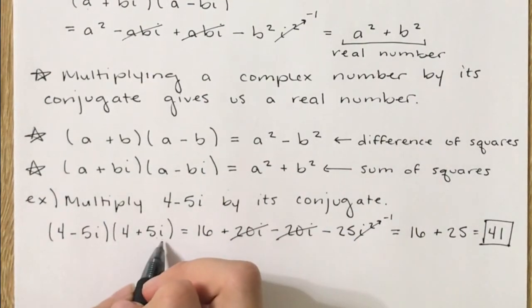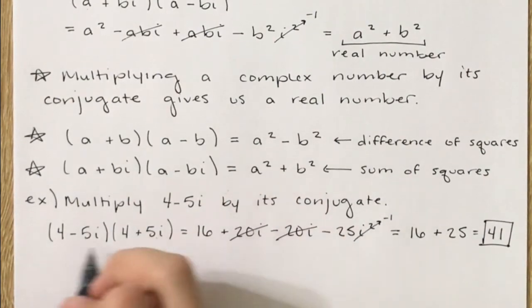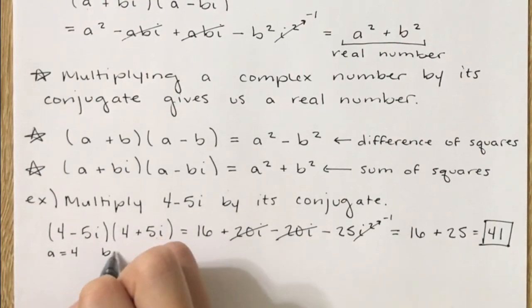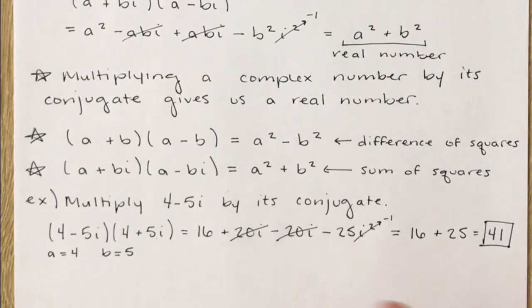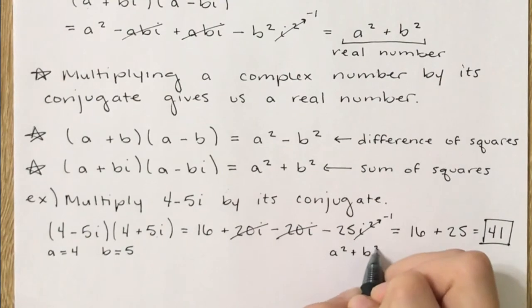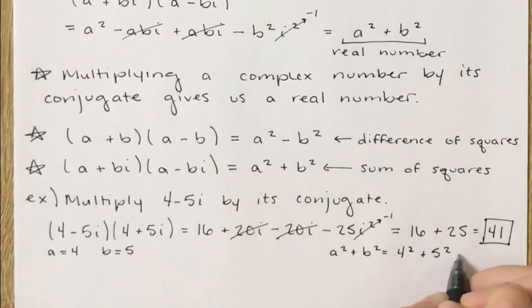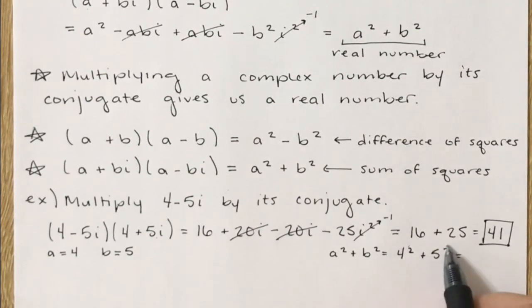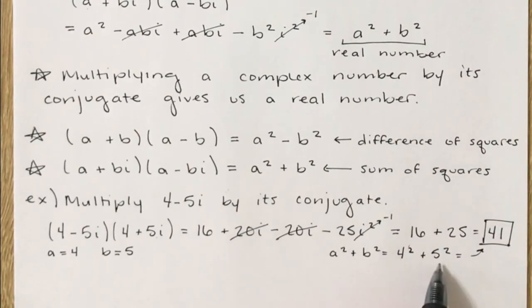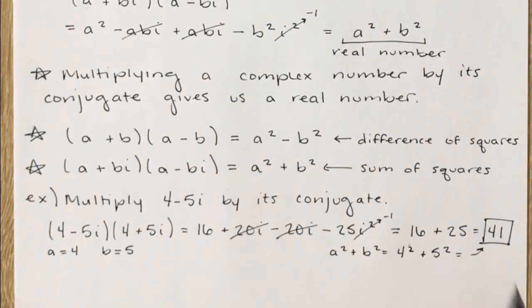Remember, our fact tells us that if I multiply two conjugates together, I get a squared plus b squared. a here is 4, and b is 5, or negative 5, doesn't matter. a squared plus b squared is 4 squared plus 5 squared, which is 16 plus 25, which is 41. So we could have solved it this way. Might have been a little bit quicker. Definitely would have taken a lot less work, and we would have gotten the same answer.